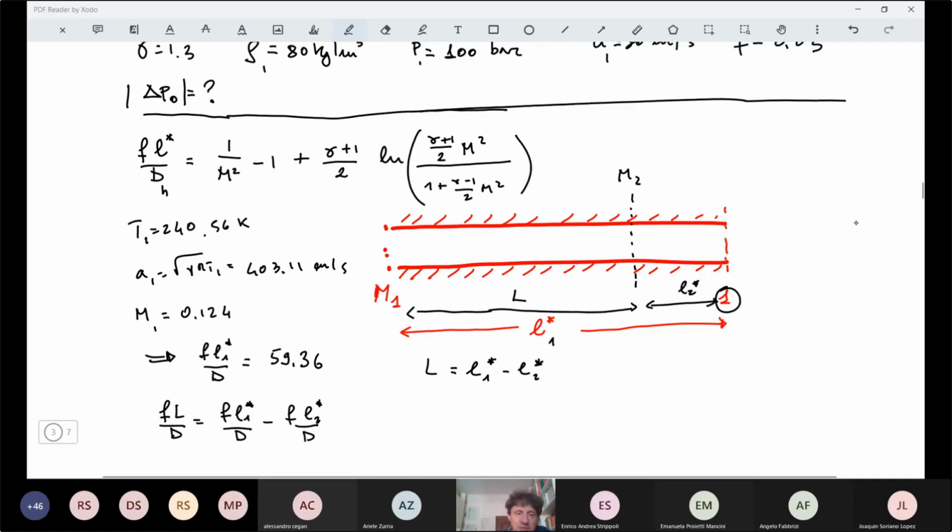The first term, we have data available, so FL over D is equal to something.